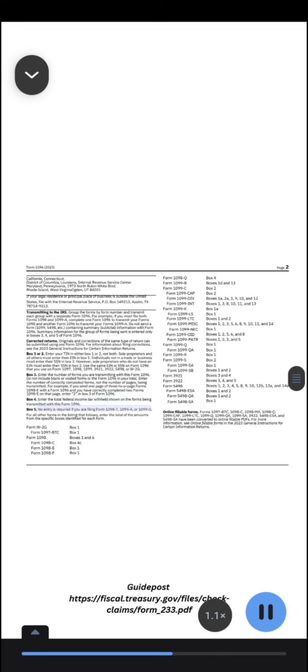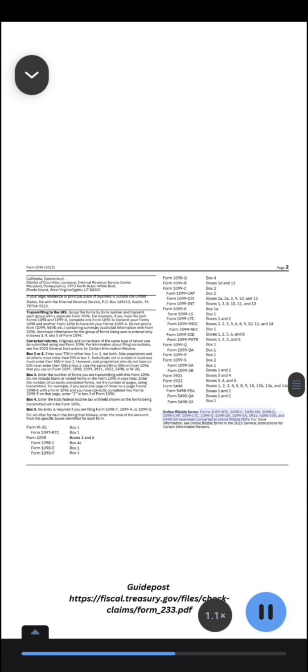Box 5. No entry is required if you are filing Form 1098-T, 1099-A, or 1099-G. For all other forms in the listing that follows, enter the total of the amounts from the specific boxes identified for each form. Online fillable forms.